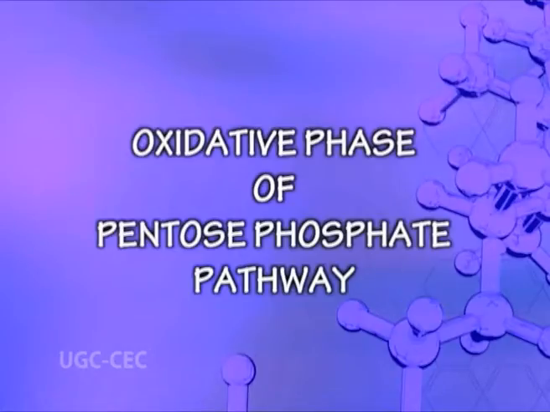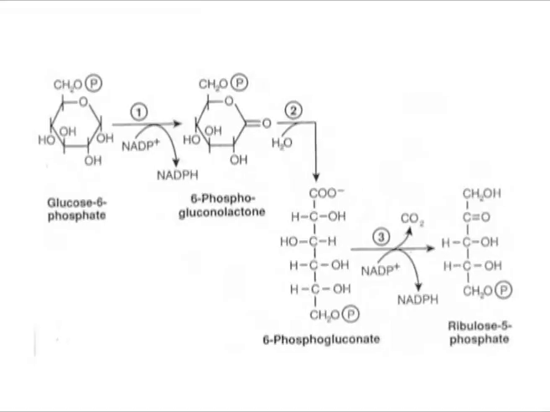Oxidative phase of pentose phosphate pathway. Here, glucose 6-phosphate is converted to ribulose 5-phosphate and 2 molecules of NADP plus are reduced to NADPH. Step 1. Glucose 6-phosphate is converted to 6-phosphogluconolactone and NADPH plus proton ion in presence of glucose 6-phosphate dehydrogenase and NADP plus.